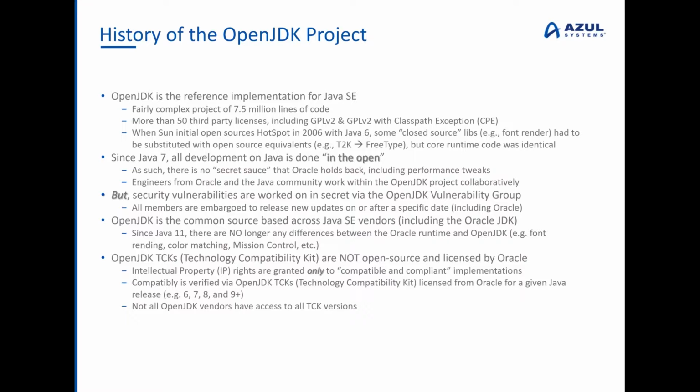Because you need assurance that the binary you're trying to use not only passes, but is guaranteed to pass the TCK compatibility kits. And these are, for Java 8, about 110,000 unit tests that you need to run on your binary as a Java vendor. And the outcome is a pass, no pass.